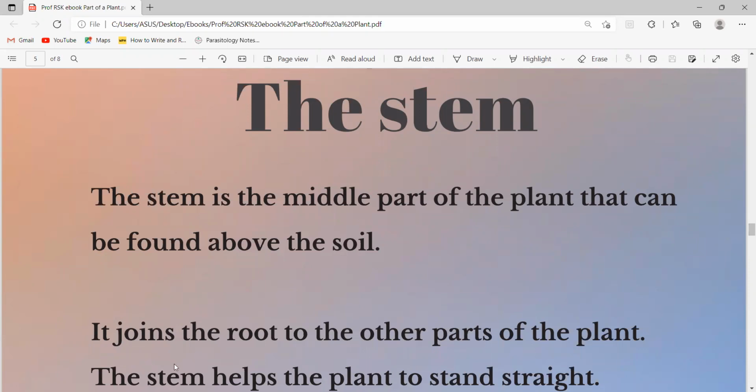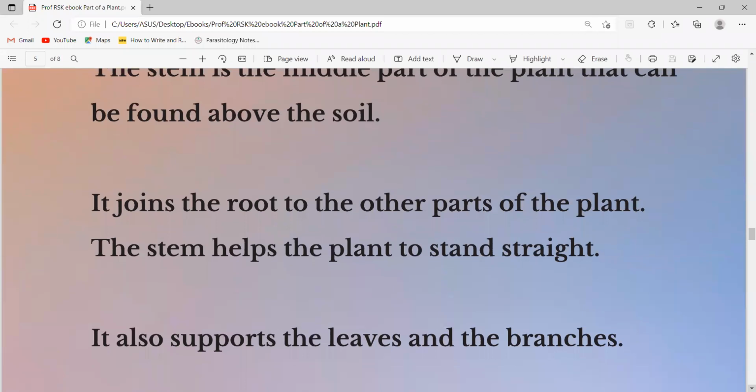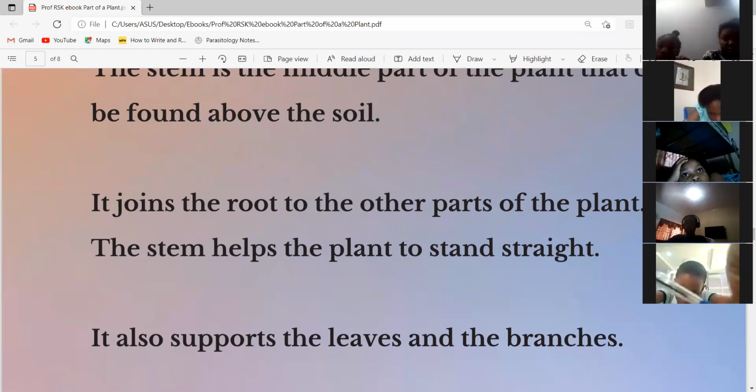The stem holds the root and the other parts of the plant together. The stem is the mediator between the root and the other parts of the plant. The stem also helps the plant to stand upright or erect.